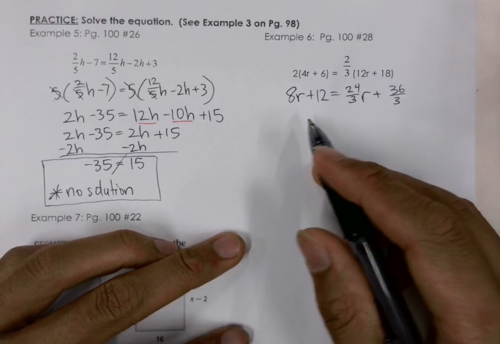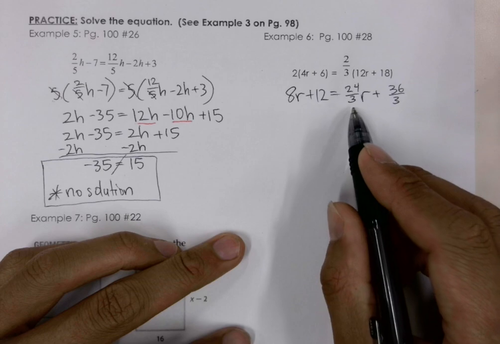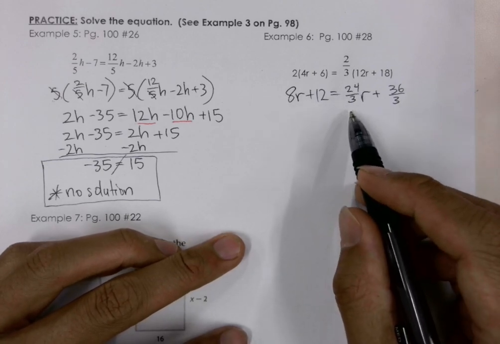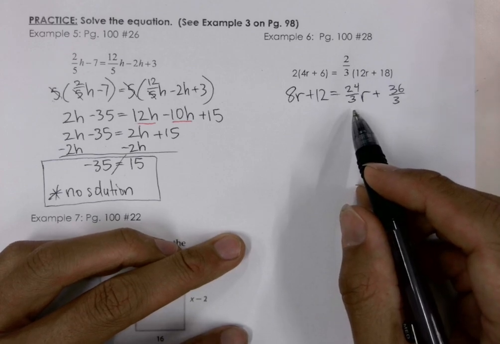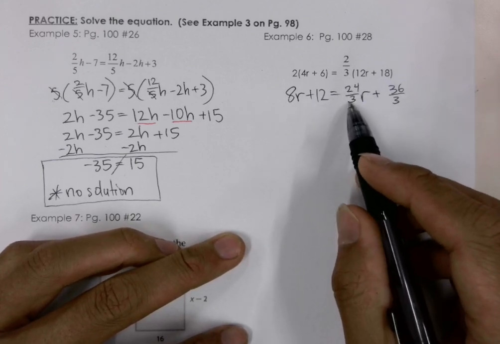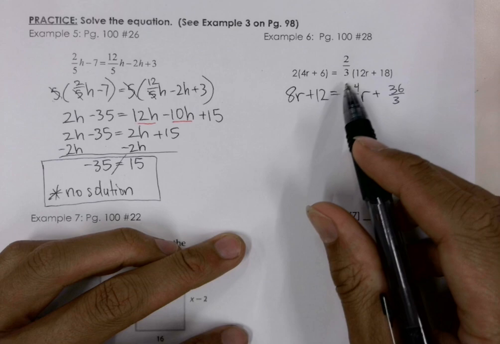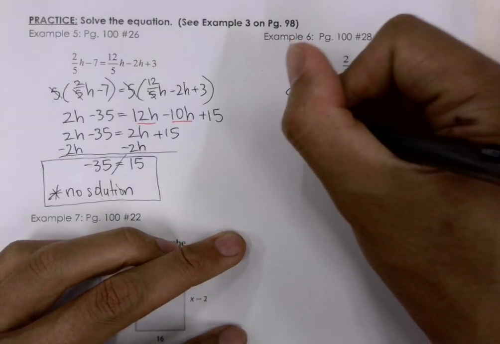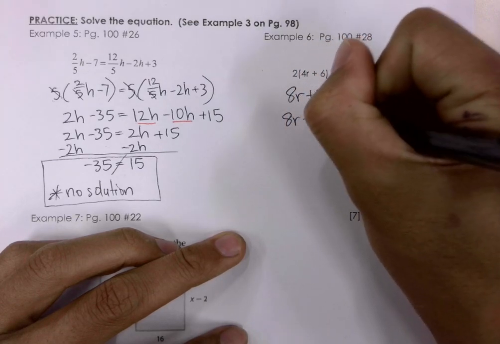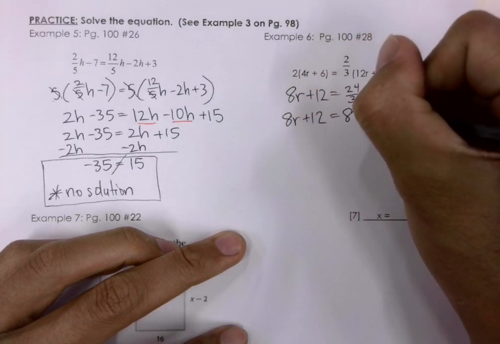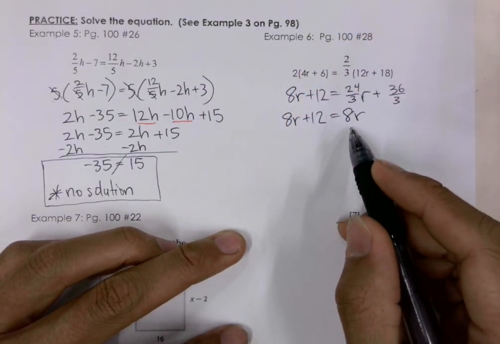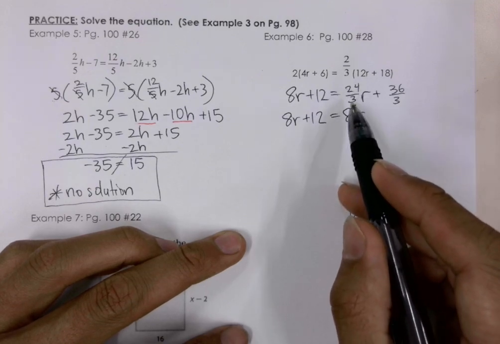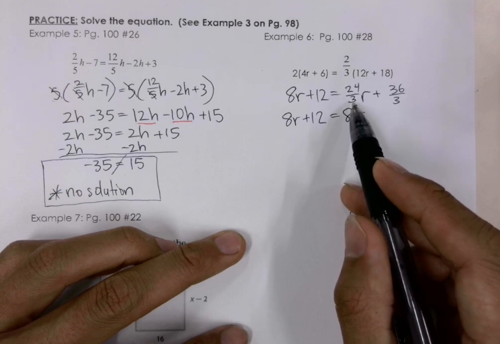So now that we're here, we should simplify our fractions by dividing the numerator and denominator by the greatest common factor. And we can see here that the greatest common factor in this term would be 3. So let's go ahead and simplify. 8r. I put 8r because 3 divides into 24 8 times, and 3 divides into 3 1 time.